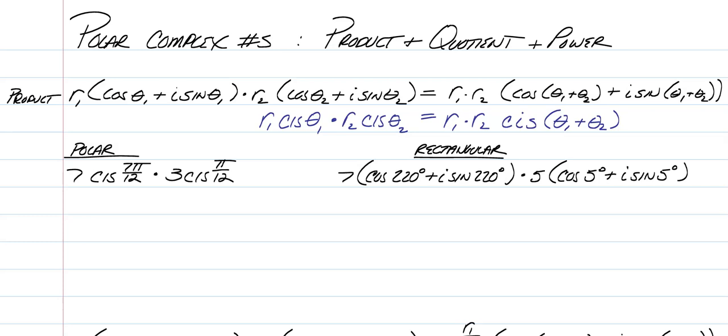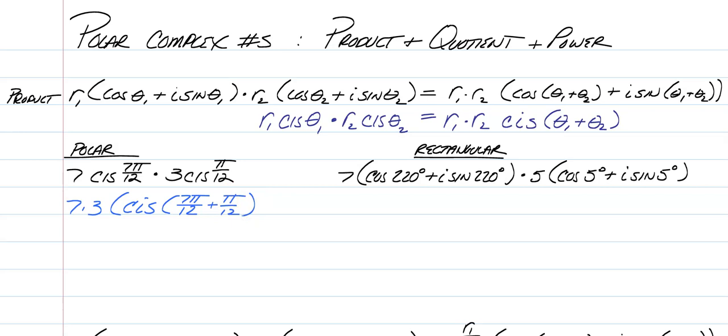So polar, all we have to do is multiply the radii. So that's going to be 7 times 3. And then what we are going to do is add the angles. So this is going to be CIS of 7 pi over 12 plus pi over 12.